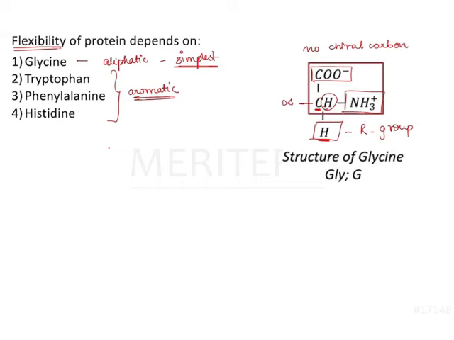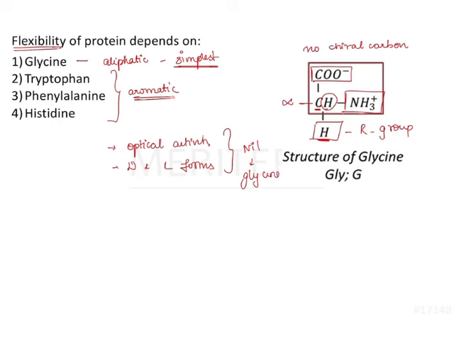Since glycine does not have a chiral carbon, you can say glycine does not have optical activity, or it does not exist in the D and L forms.